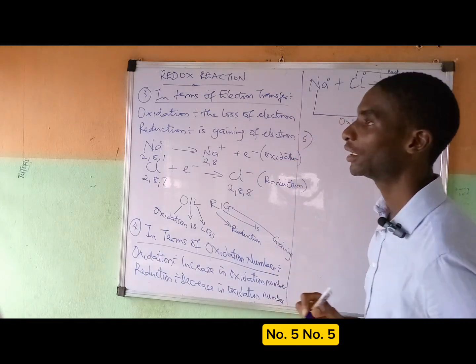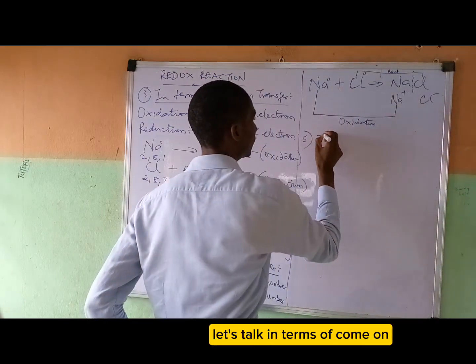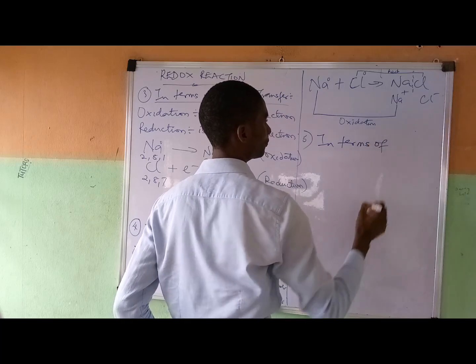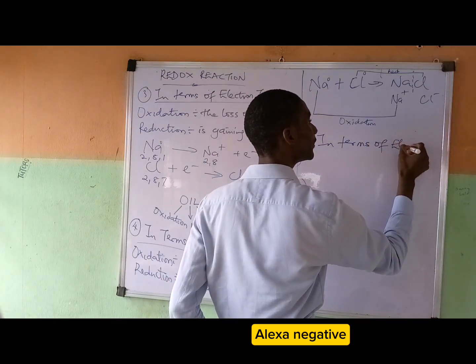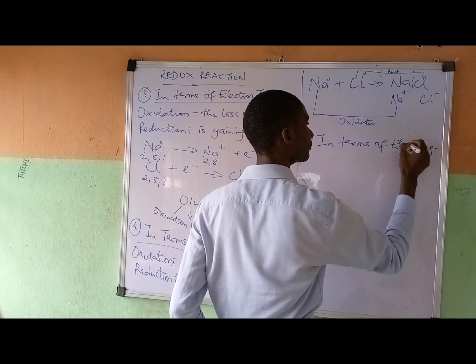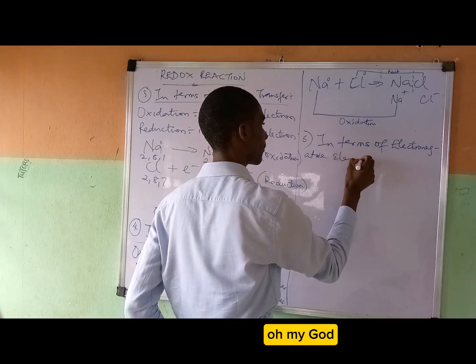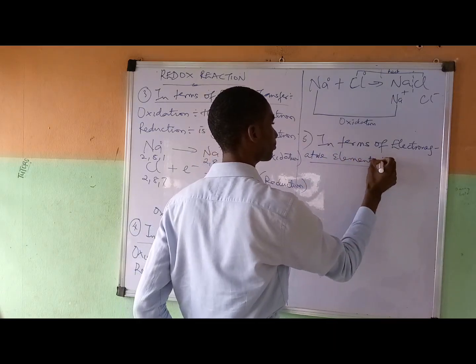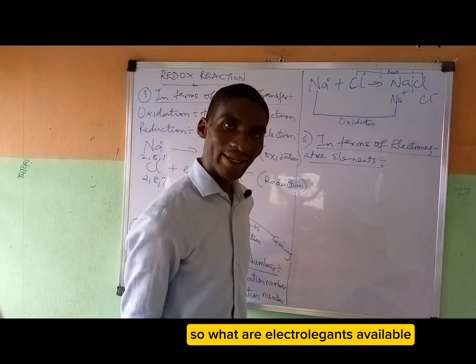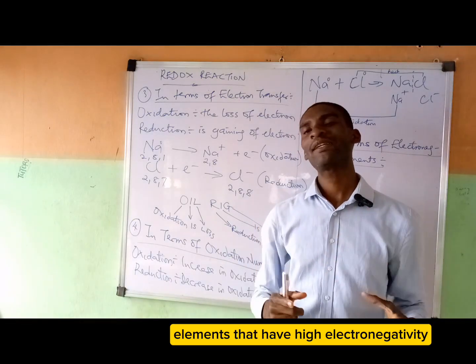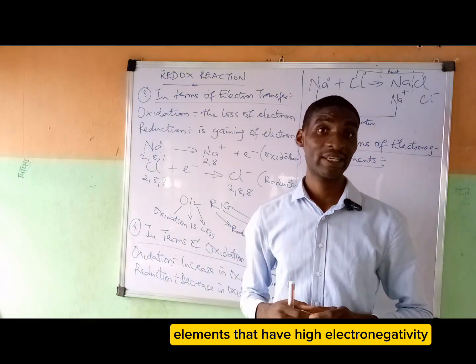Number 5. Let's talk in terms of electronegative elements. So what are electronegative elements? Electronegative elements are simply elements that have high electronegativity.